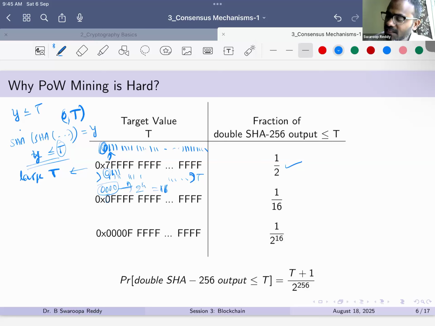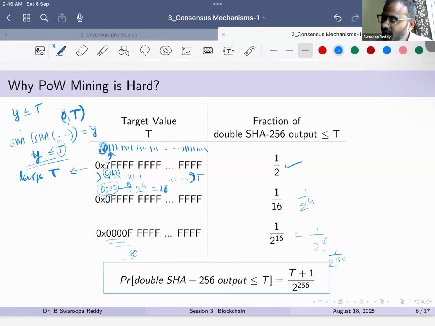That's why the probability is 1 by 2 to the 4. Similarly, if you increase the number of zeros, the probability decreases, 1 by 2 to the 16. If it is increased to 80 zeros, the difficulty will be 1 by 2 to the 80, something like that. So the difficulty of solving this puzzle depends on the number of zeros in front of the target value t. That's why the difficulty probability is calculated in terms of this.